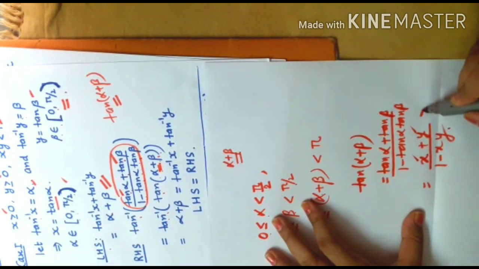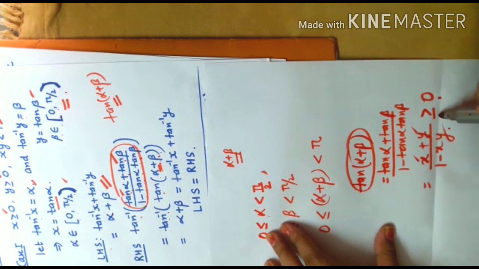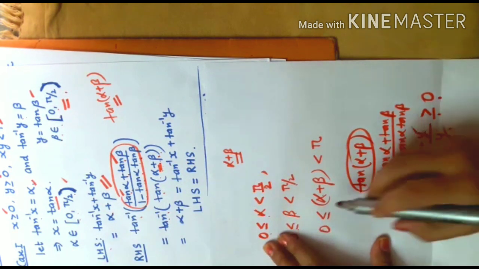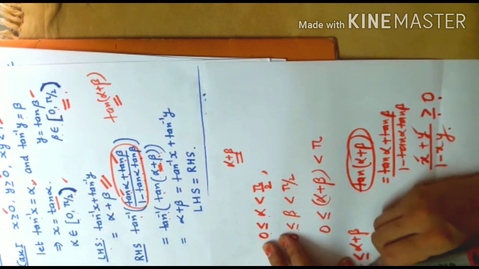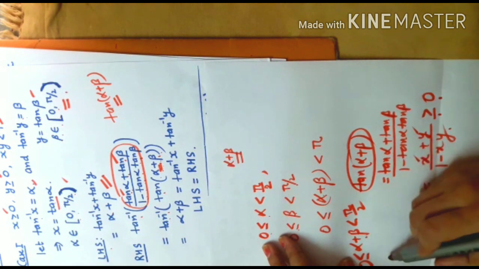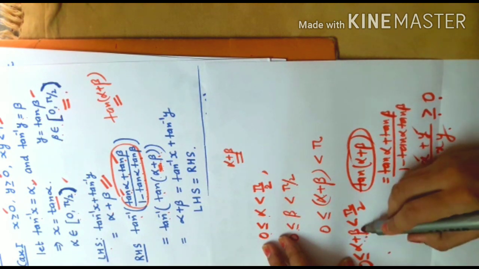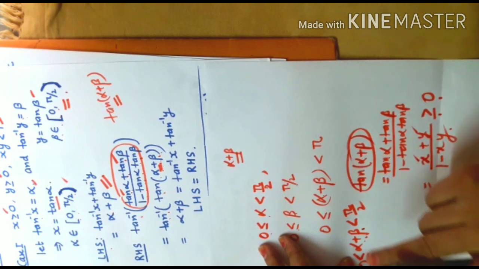So do you agree that this will be greater than or equal to 0? That means your tan of (alpha plus beta) is greater than or equal to 0. So that means alpha plus beta must lie in the first quadrant. And definitely it will imply that alpha plus beta belongs to the principal value branch of tan inverse, which is the open interval minus pi by 2 to pi by 2.